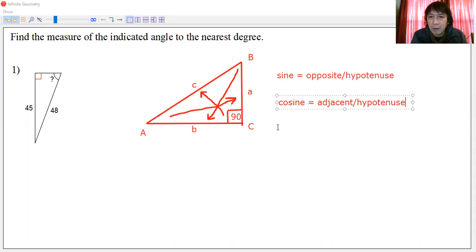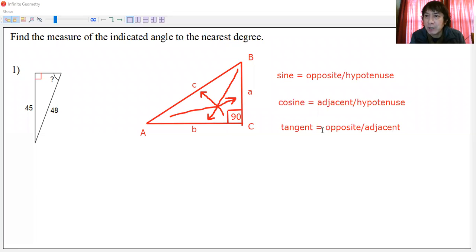And then we have the third, which is tangent. The tangent ratio is opposite side to adjacent side. So this is what we need to memorize, okay?